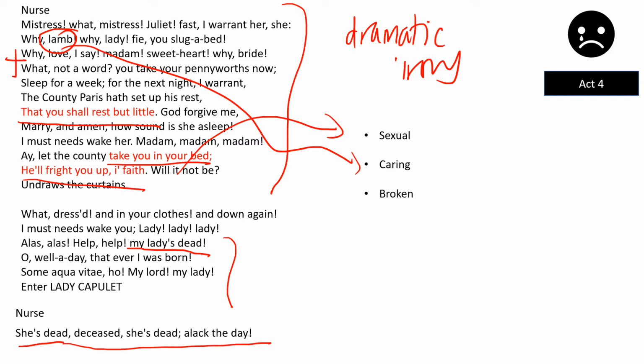And for me, I feel that this is a point where the character is broken. And we have got that typical repetition that she has. But that's it. That's the line that she has. She goes from this confident talking, whittling about stuff, to suddenly this. And for me, I think that marks a change in the character. And I would say that the nurse at this point is heartbroken.